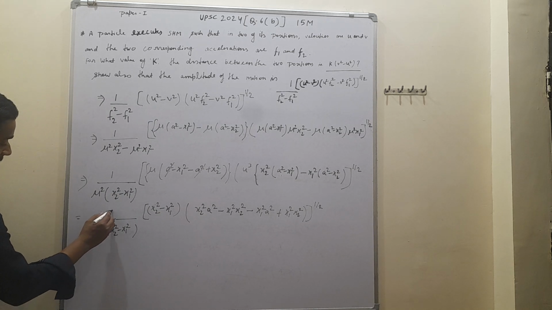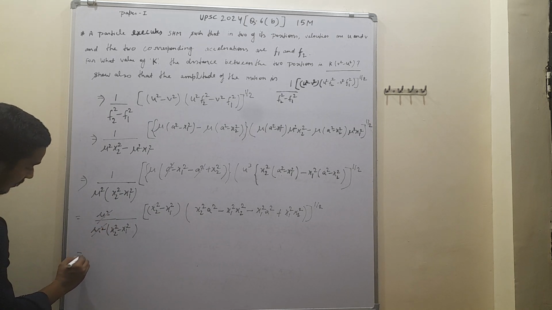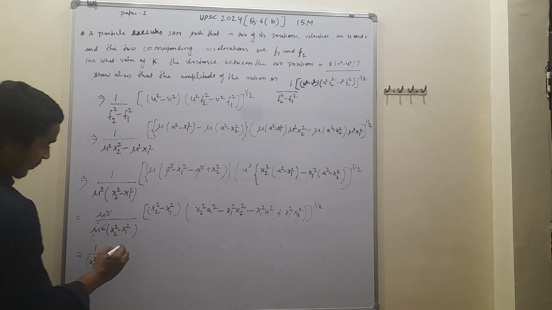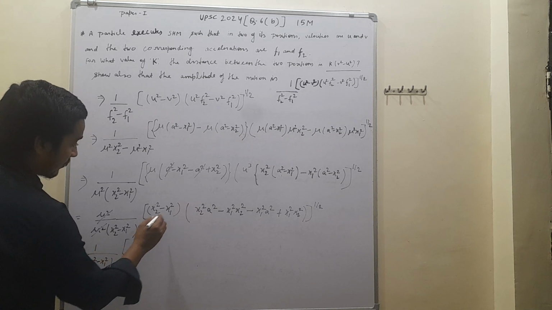Mu square cancels out, that is 1 upon (x2 square minus x1 square) bracket.